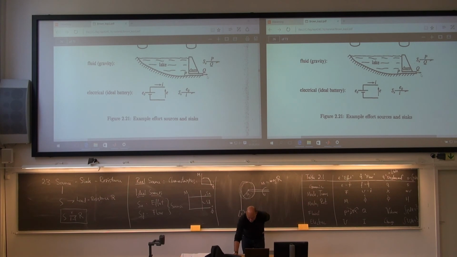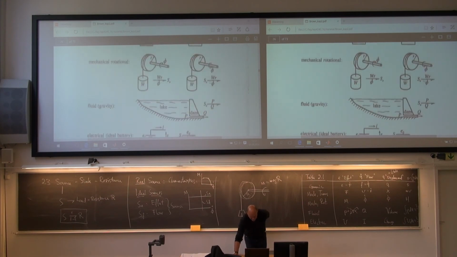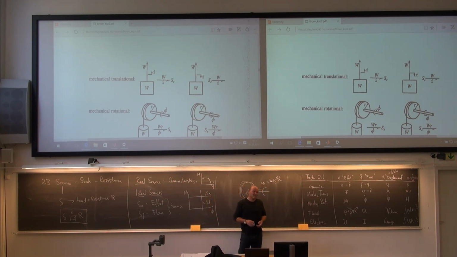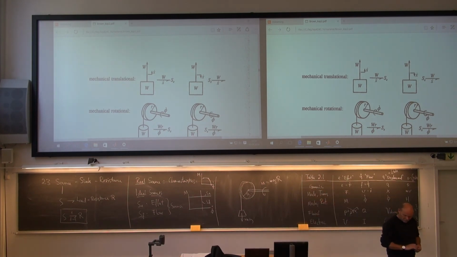These are the effort sources. Yes, they can be found, but perfect flow sources, not so easy. So we still use them. It's easy to play around with, but in general can be hard to find in real life.